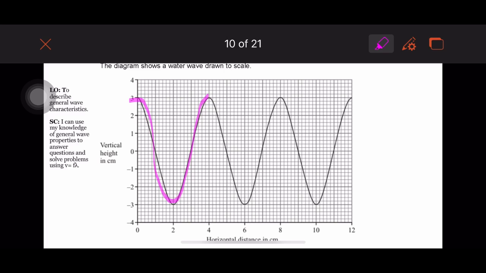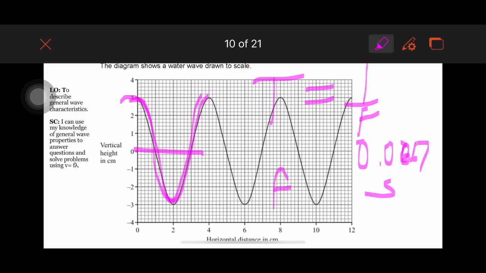It means that from here to here, completed one wave. So how did I get that? It's just that T is equal to 1 by F and F is equal to 1 by T. Once you solve for the frequency, you just get the reciprocal and you'll get the period of one wave.